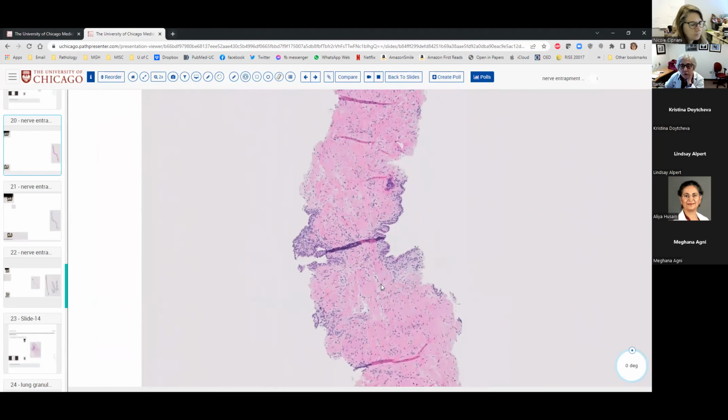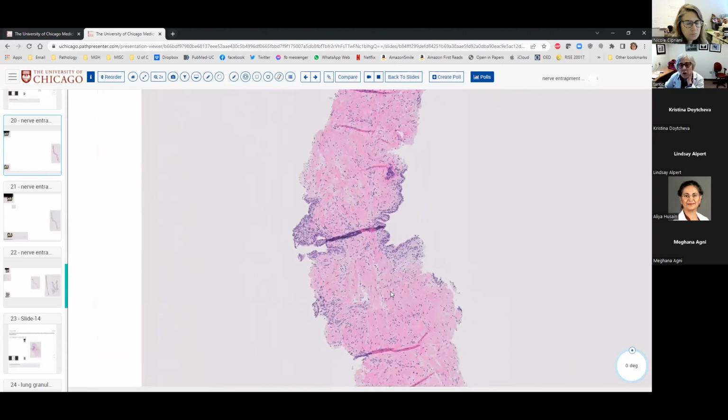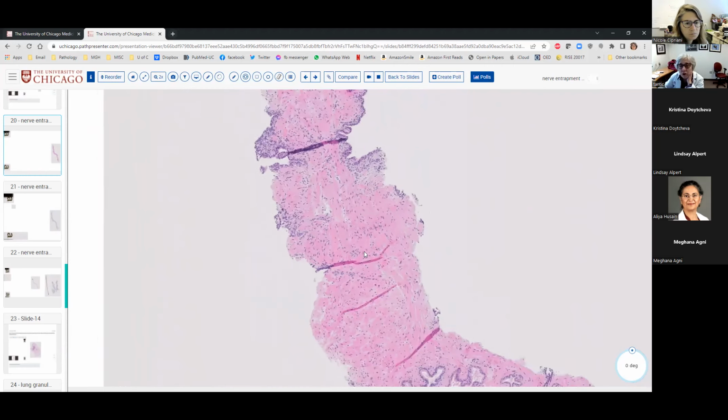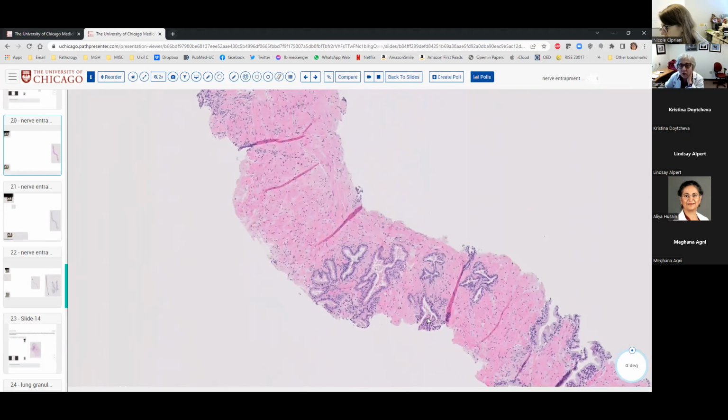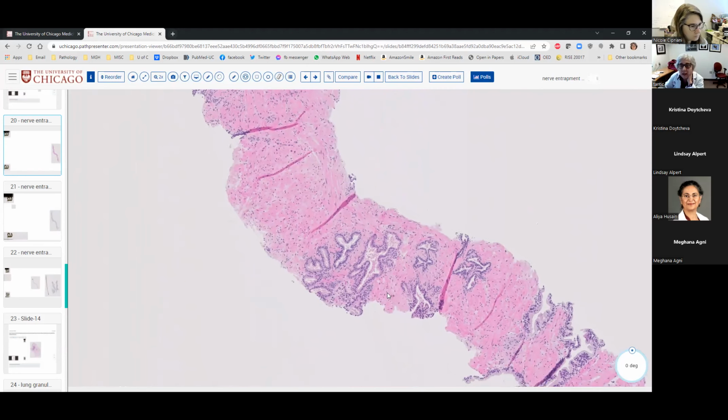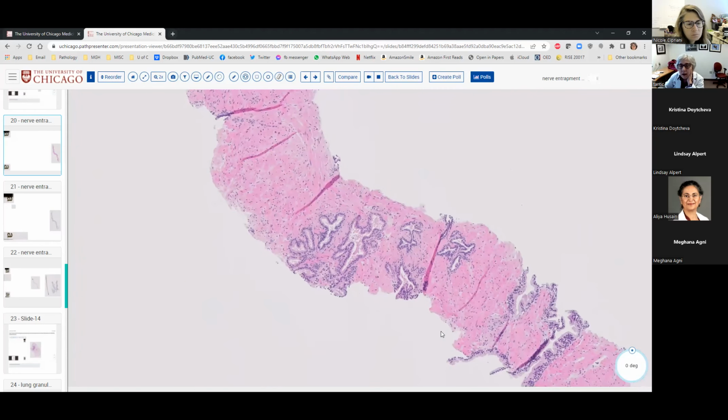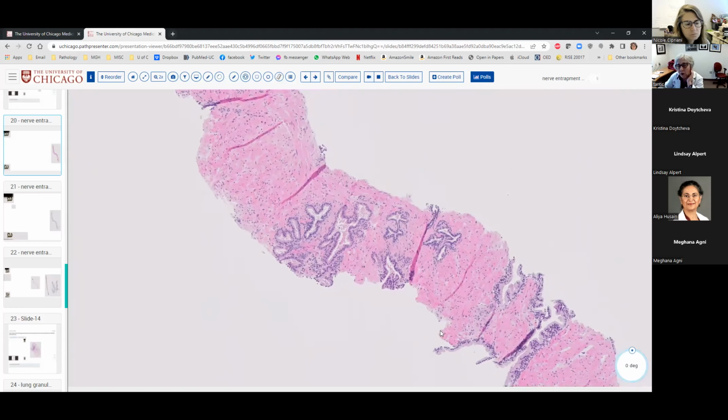Of course, most of these are from the peripheral zone, and many of those are atrophic, just because men in this age tend to have BPH, and the BPH nodules are compressing the rest of the peripheral zone and causing atrophy.